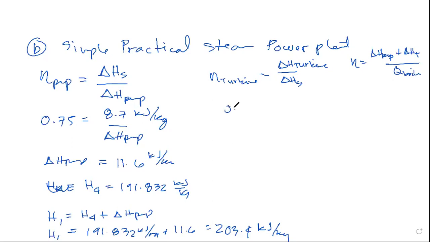Efficiency natin is 0.75 pa rin. Tapos yung delta HS natin, actually wala tayong value. What we have is H3 prime, yung nakalculate natin kanina, at saka yung H3 minus H2. Ganyan yung ating current value. Do you agree?